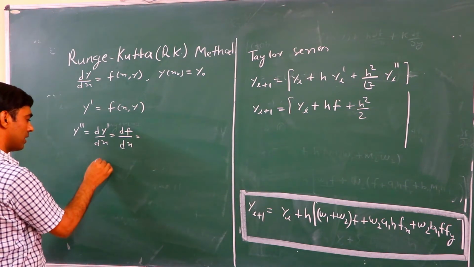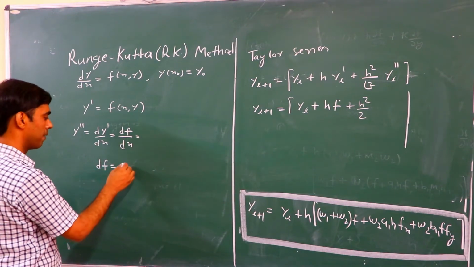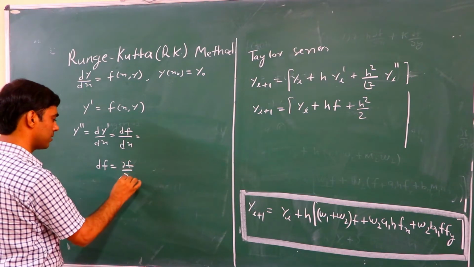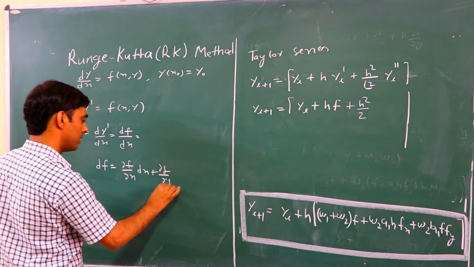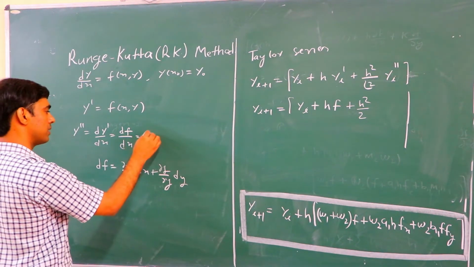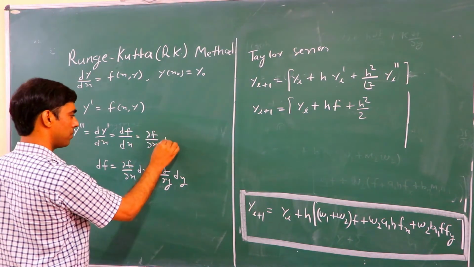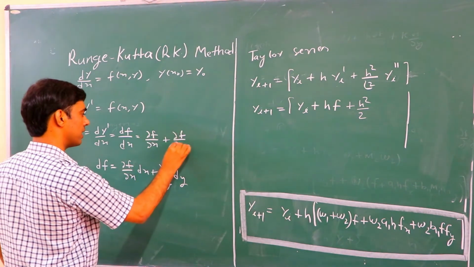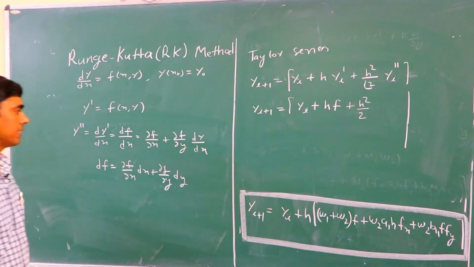And df equals what? We know that if f is a function of x and y, df becomes del f upon del x dx plus del f upon del y dy. So df upon dx becomes del f upon del x plus del f upon del y dy by dx.